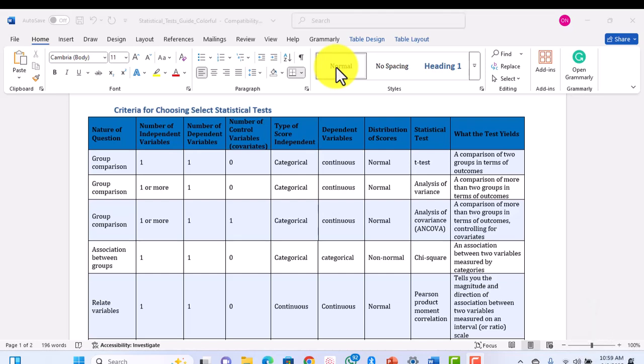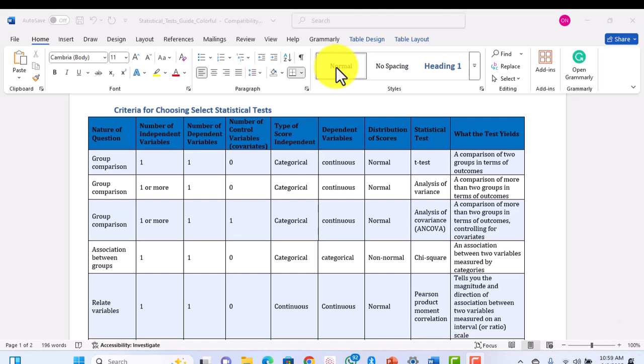So if you are comparing two independent groups, let's say you did a one shot case study.